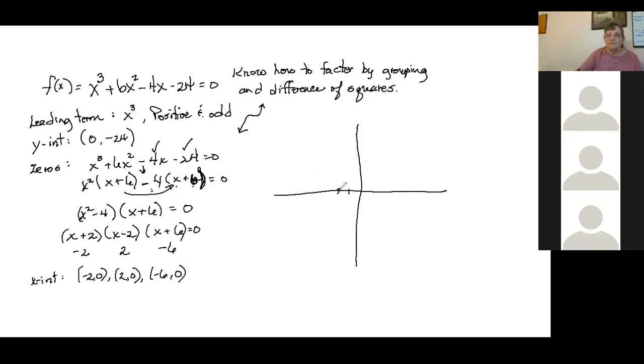So I've got negative 2, 0, positive 2, 0, and negative 6, 0 over here. Okay. These are all multiplicity 1.